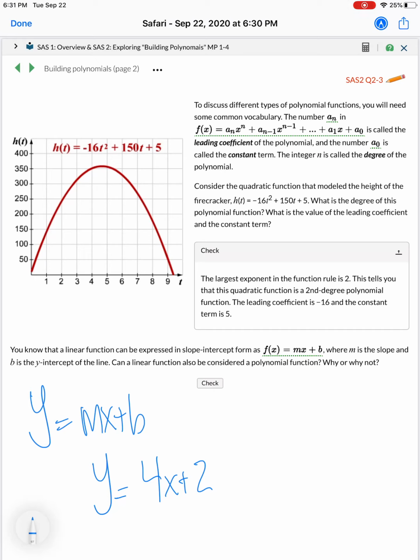So if I give you the example, y equals 4x plus 2. What is the degree on this x? It's something we don't have to write, but we just kind of know it's there. A 1, right?